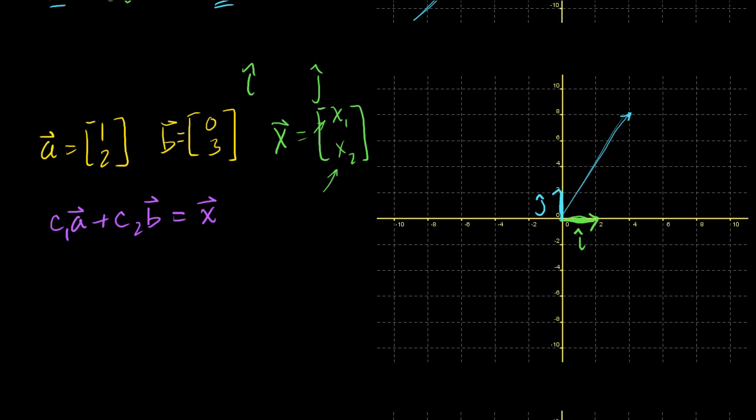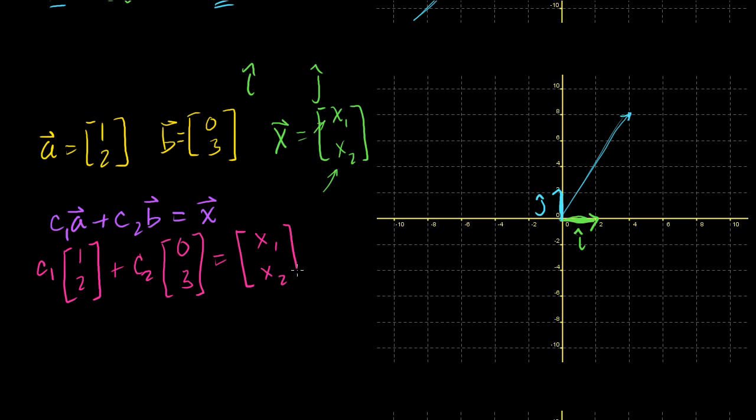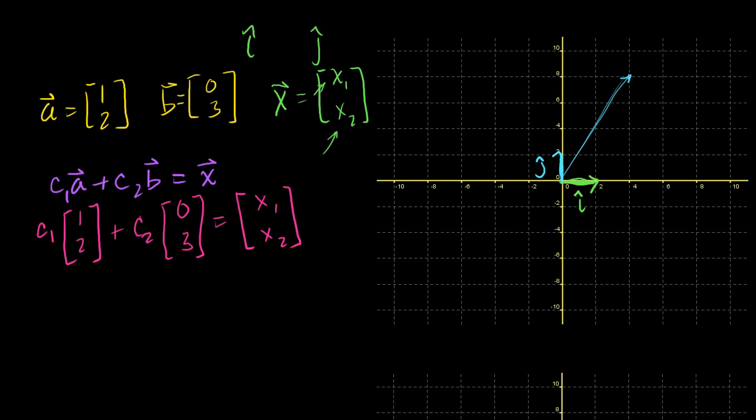So let's just write this right here with the actual vectors represented in their column form. We have c1 times this vector plus c2 times the b vector, 0, 3, should be able to be equal to my x vector, my x1 and x2, where these are just arbitrary. So let's see if I can set that to be true.